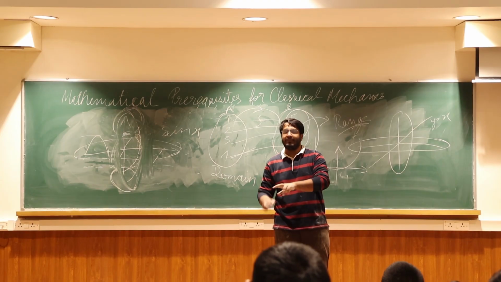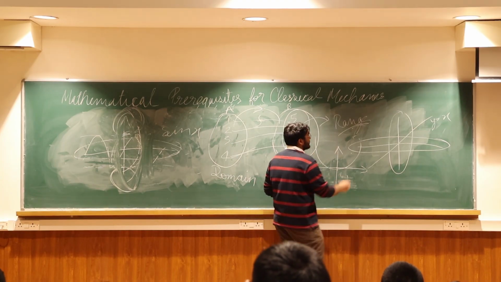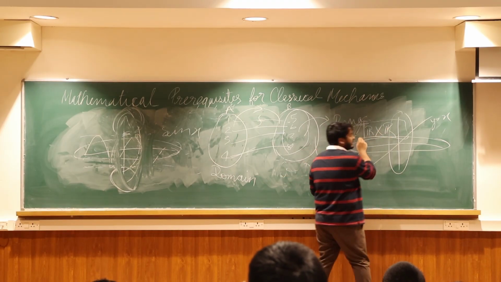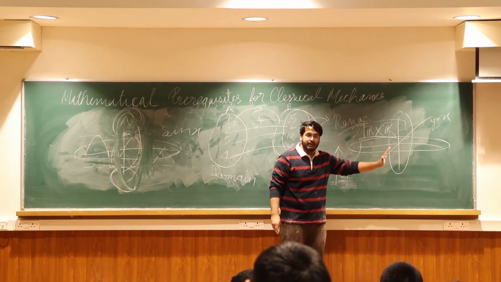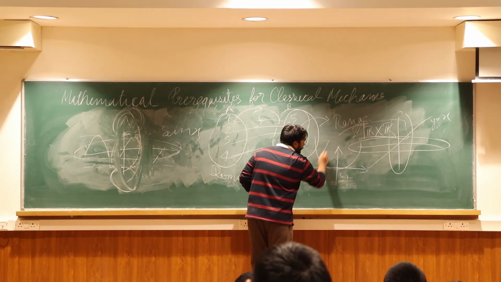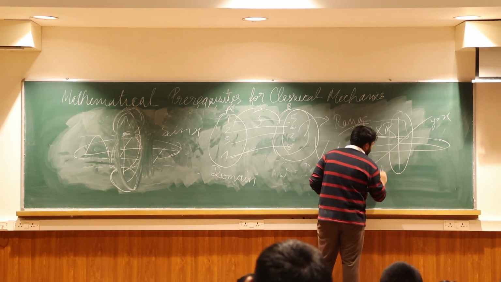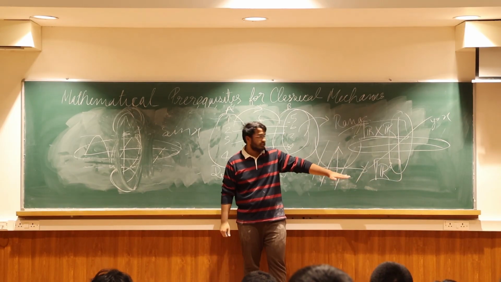Any two real numbers you give, I can give you a point in this set. So basically the whole Cartesian plane is nothing but R cross R. Sometimes you hear the term R2, and all this means is the Cartesian plane.